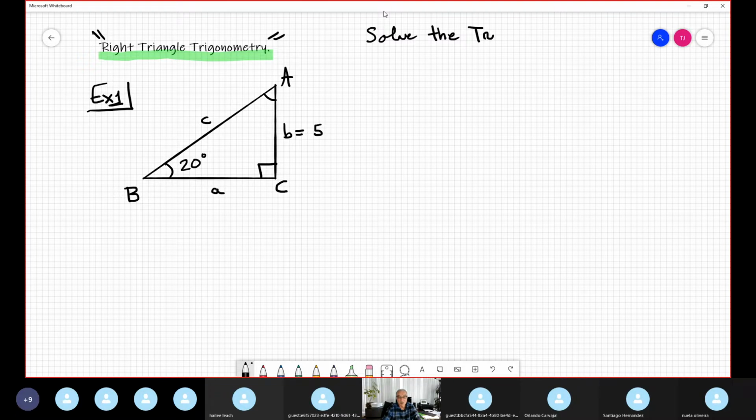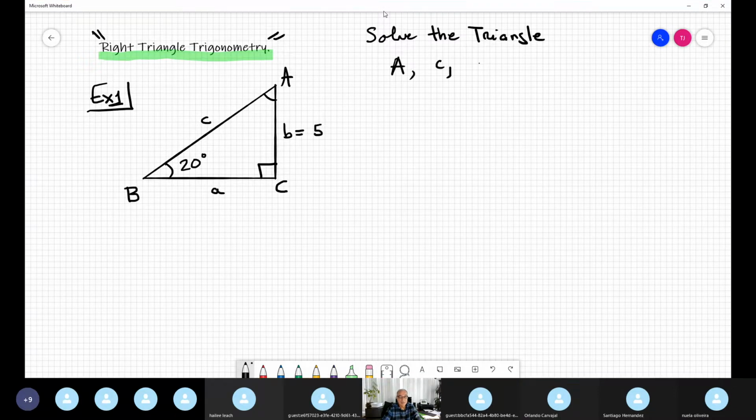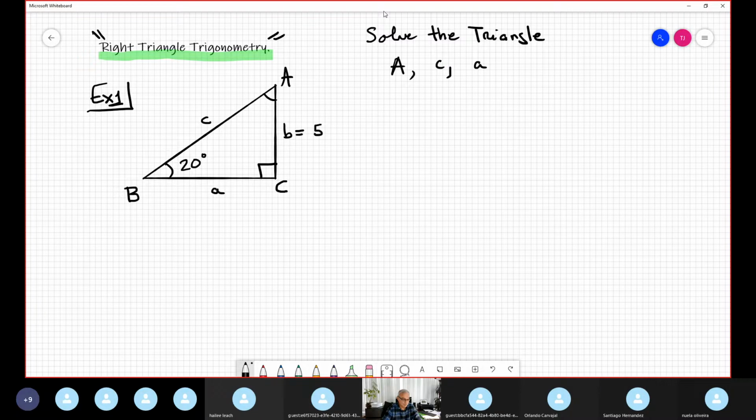What does it mean to solve? Find the rest. What is the rest? a, c, and A. Because b is given as 5, and angle B is given as 20 degrees.